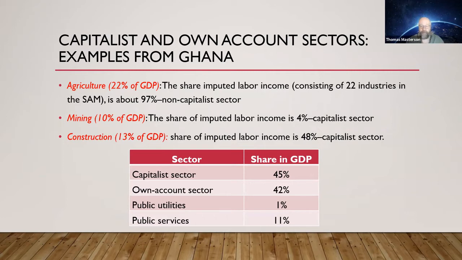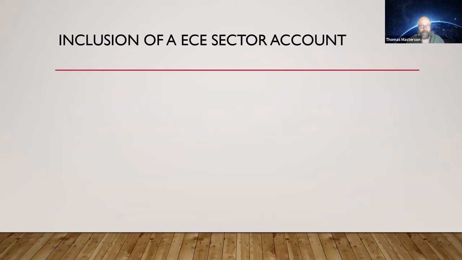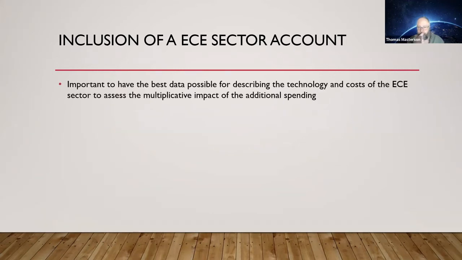So the next important thing here is the early childhood education sector. This doesn't exist, so we need the best data possible if we're going to assess as accurately as possible the impact of additional spending on early childhood education.